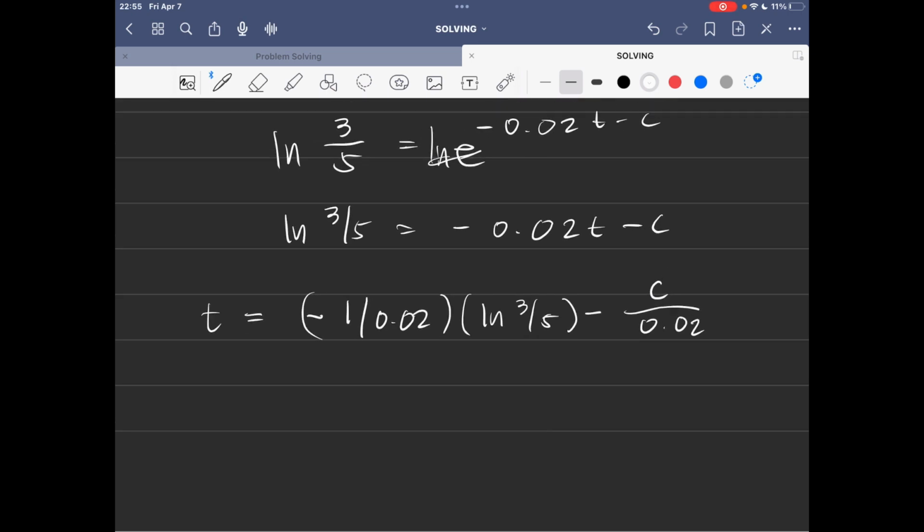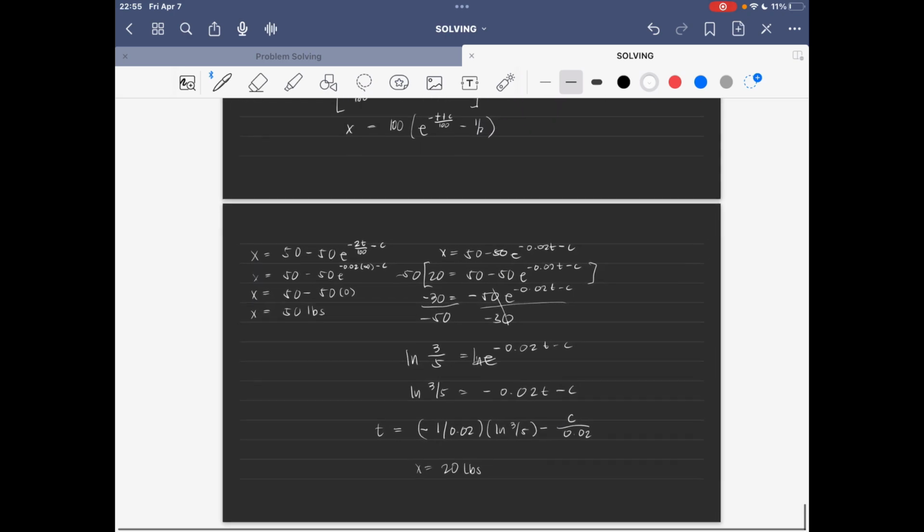So t is non-negative. So there is no t for when x is equal to 20 pounds. And that is it for our answer.